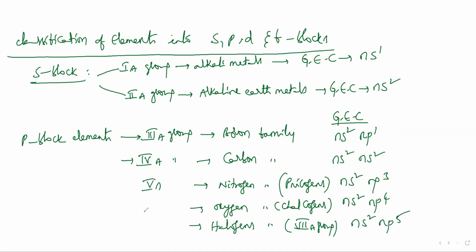So this is fifth A, sixth A, seventh A, and lastly eighth A, called noble gases, with general electronic configuration NS2, NP6. This is all about P block elements.